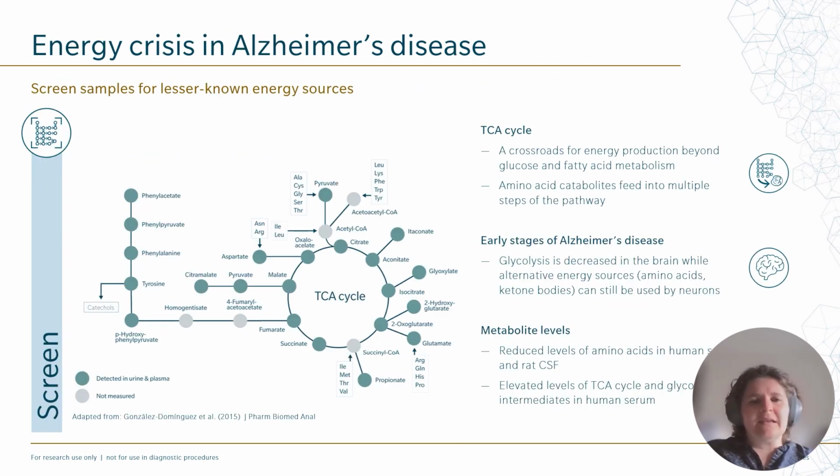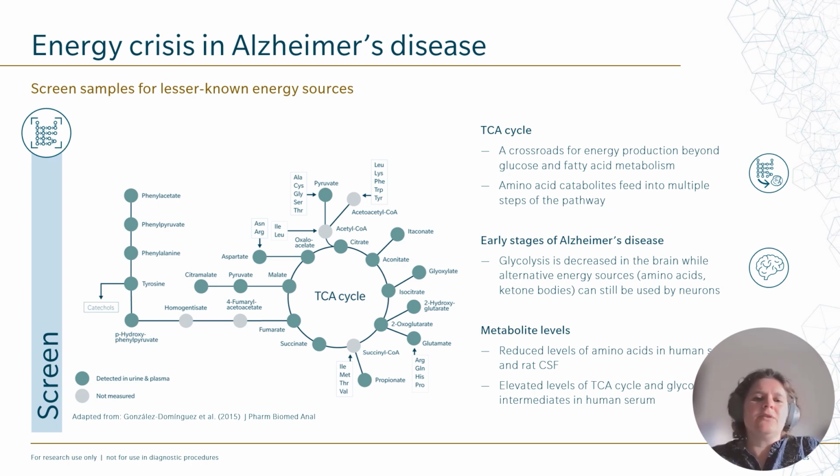Now, my second example has to do with Alzheimer's disease, so a much more specific disease than inflammation, and it's linked to energy metabolism. I call this energy crisis here because it's well known that in Alzheimer's disease, glucose metabolism is compromised in the brain, especially in neurons.